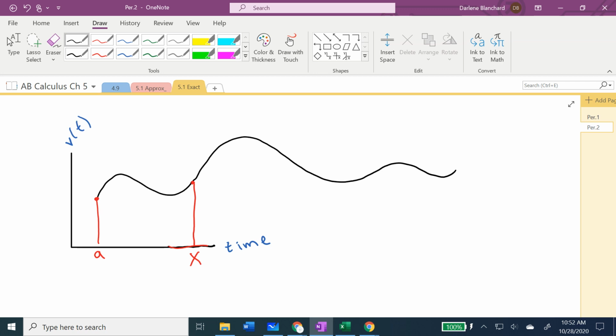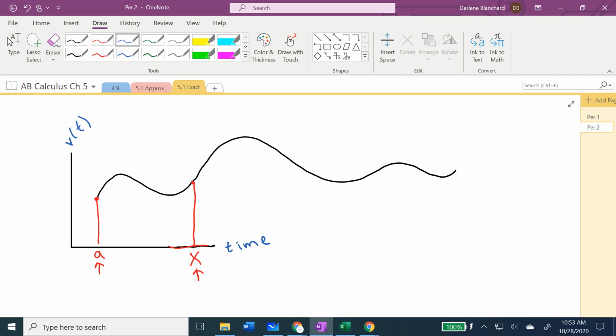And I can actually look at this as a function instead of just a distance traveled from A to B. I can see this as a variable distance.